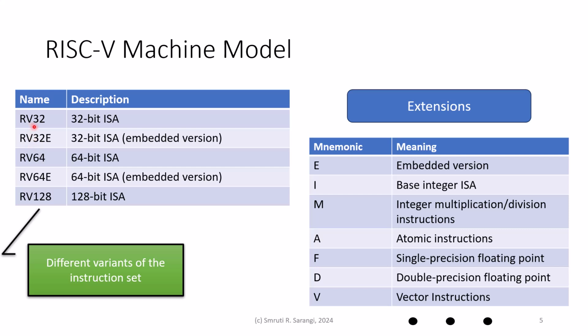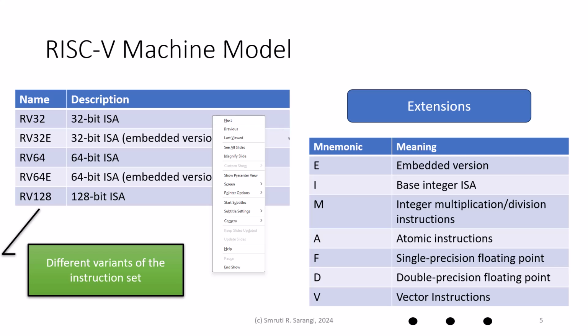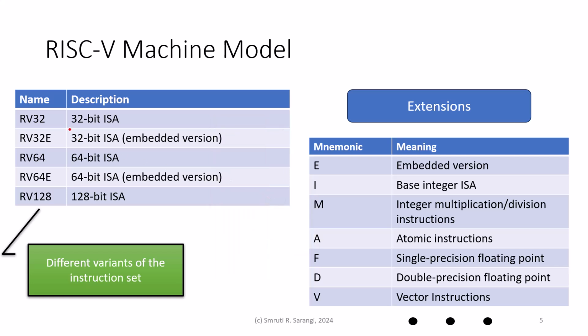So the base ISA is RV32. So as you can see, RV32 is the base, which basically means it has 32-bit instructions and that too the basic set. Then there is an embedded version. So the embedded version, as we shall see, is somewhat restricted in what you can do and what you can use. So it's made for smaller embedded processors.